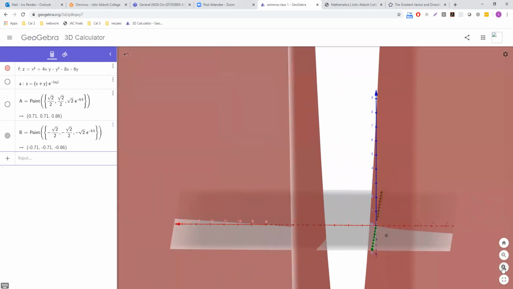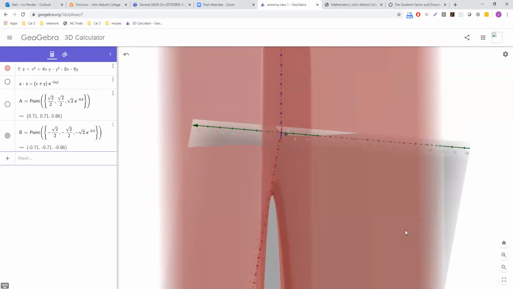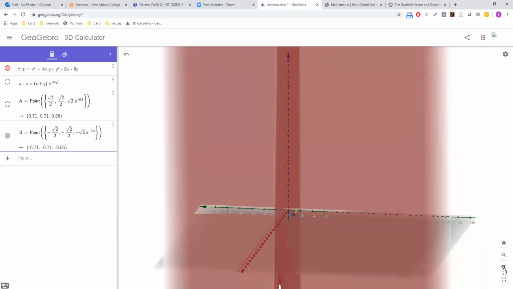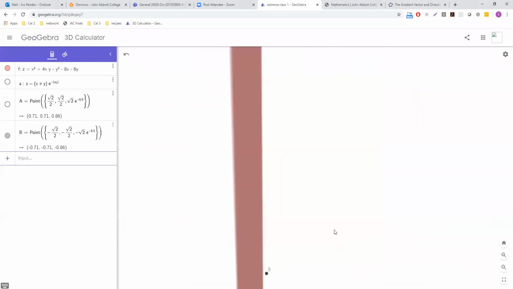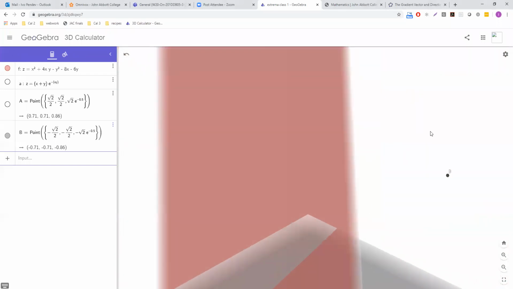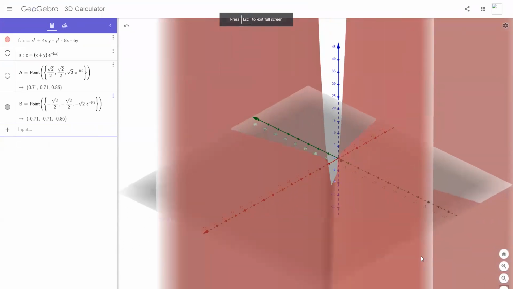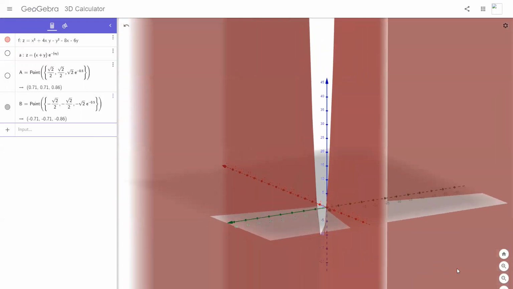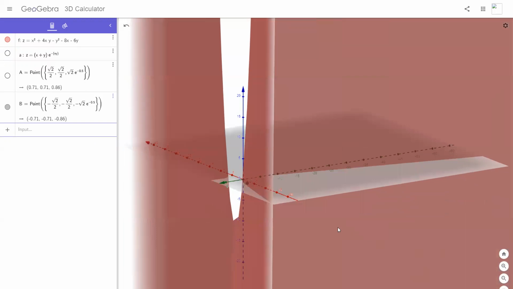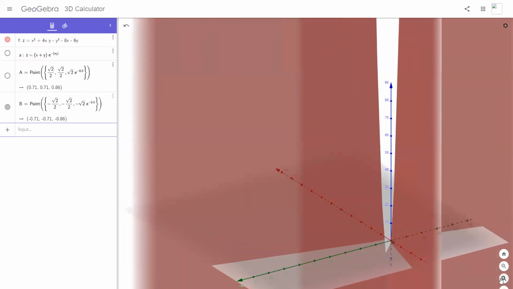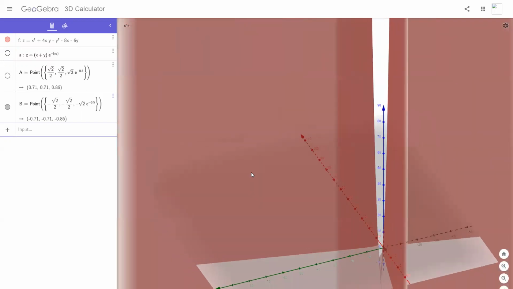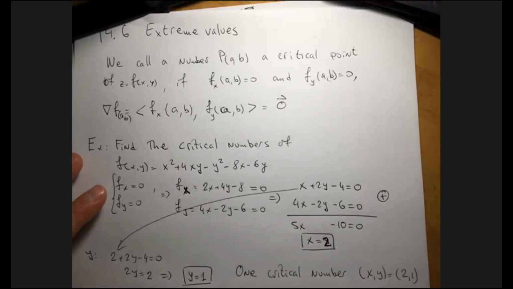So this is the graph of the function that we have. Okay, I cannot really point the points here because it doesn't produce a good enough graph. Anyhow, that's how we find the critical numbers.